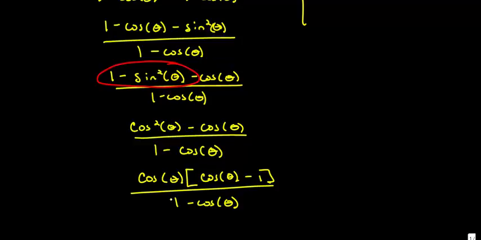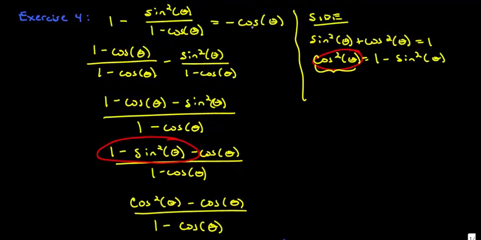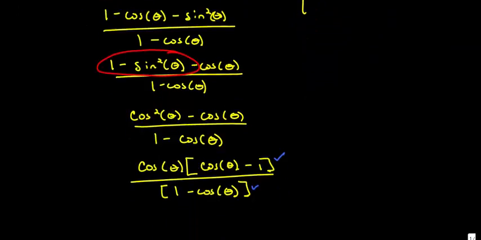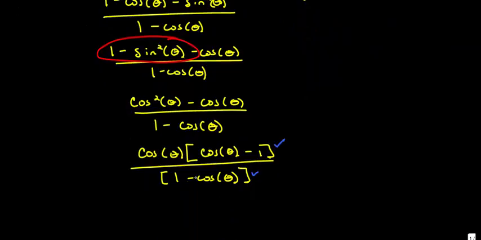Now what would be really nice, I'll put little brackets around this, is if this guy right here and this guy right here could cancel, because what I want is just a cosine up on top. But they don't, because these guys are in opposite places with one another.